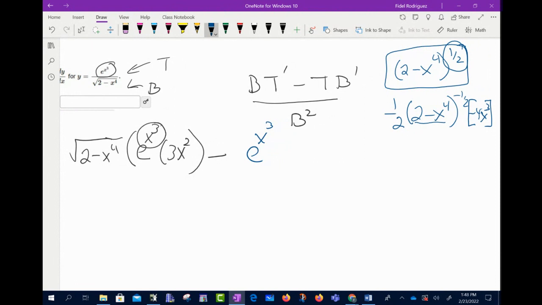Okay. Look, y'all. I'm going to put that right here, and I'm just going to do a little bit of cleaning with it. I'm going to write a fraction because I have a fraction right here. I already know I have a 2 on the bottom. Next thing I'm going to ask you, see how my power is a negative 1/2? If it's a negative 1/2, doesn't that really mean it's the square root of 2 minus x to the fourth, but the square root is downstairs because the exponent is negative, right?